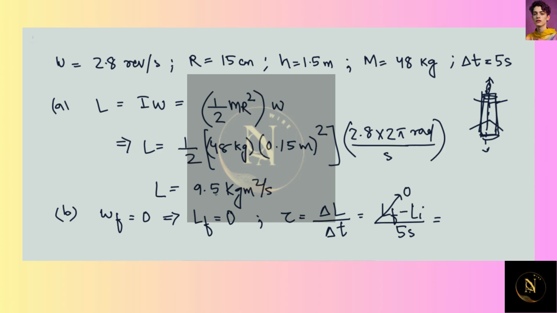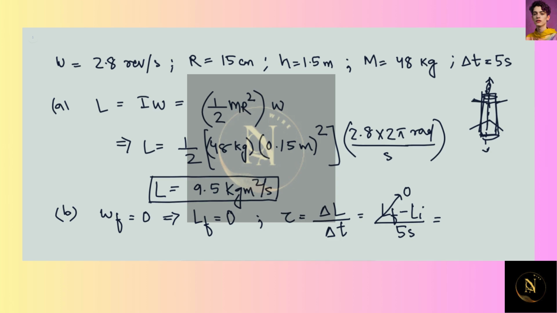Now Li is the angular momentum that we found here, and we are using this expression because the I is constant because she doesn't stretch or pull close her hands, so I remains constant because the radius is constant.